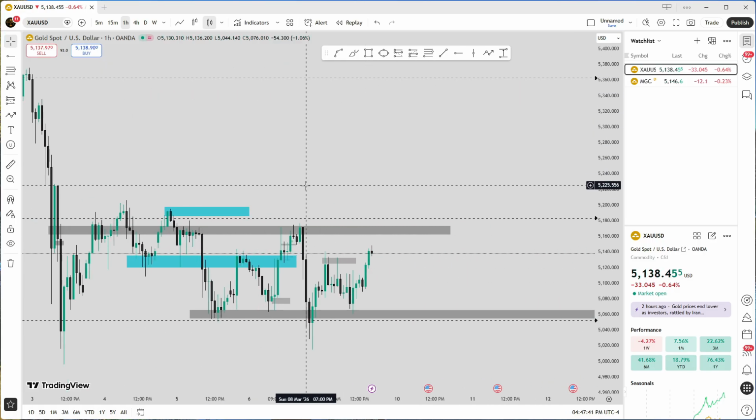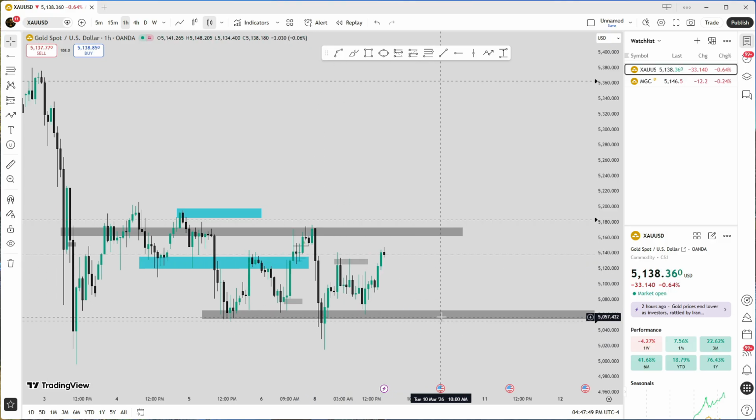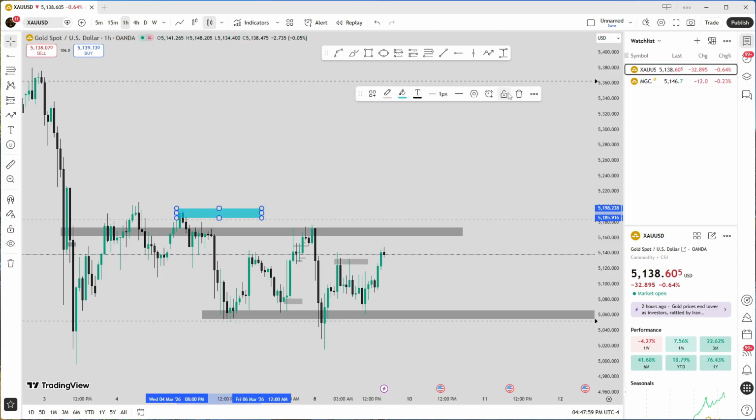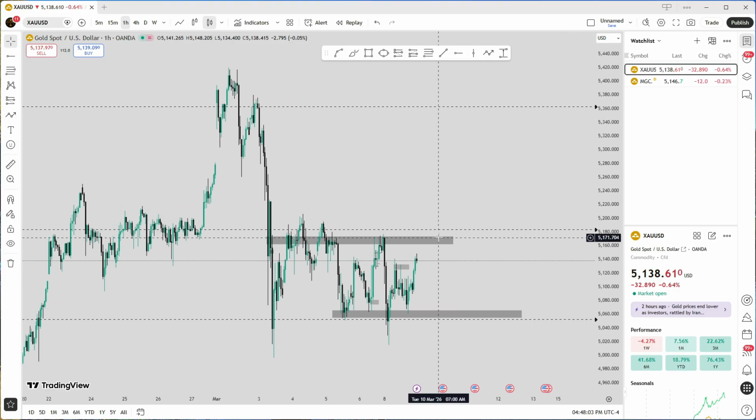So now into the present day here, price dropped, the market opened, and created a lower low. So my focus point is below this gray area and above this gray area.